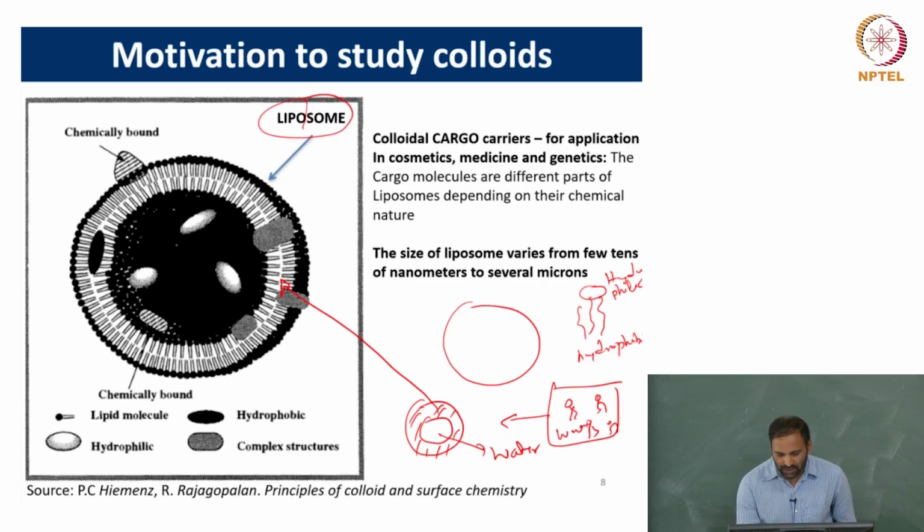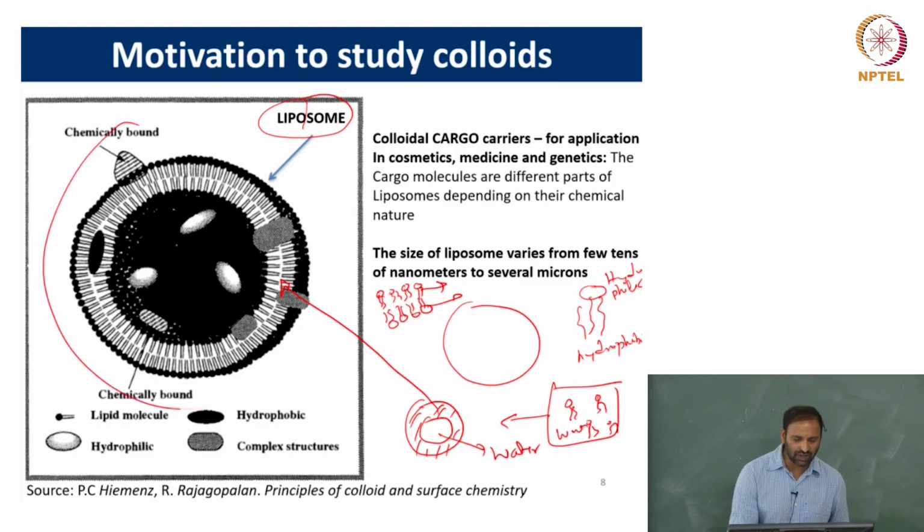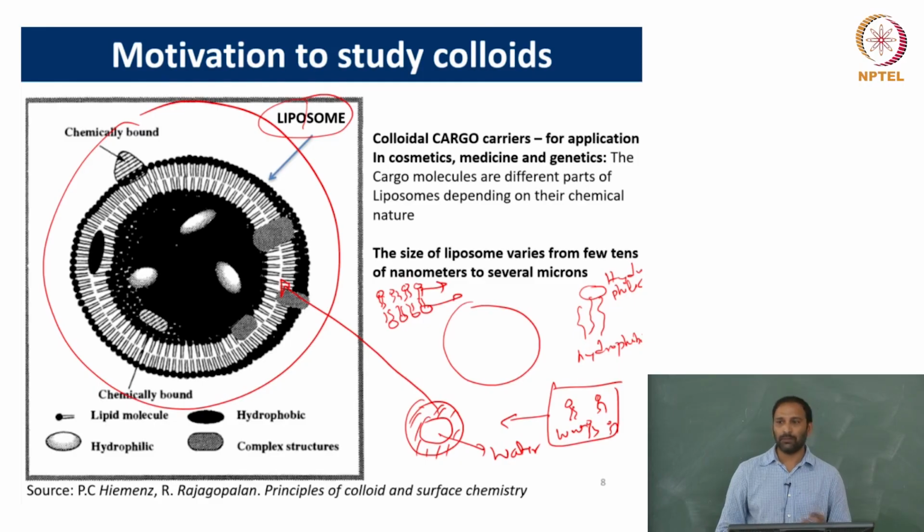What lipids do is they arrange in an arrangement like this. There is one layer of lipid, there is a second layer, that is what is called a lipid bilayer, and these lipid bilayers fold to make these spherical structures. So, what you are looking at here is a cross section of one such liposome.